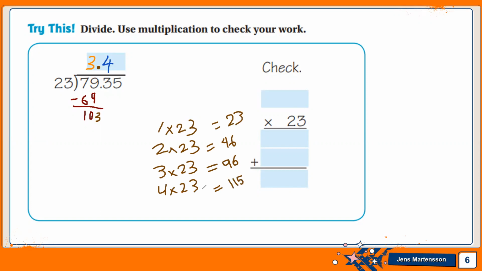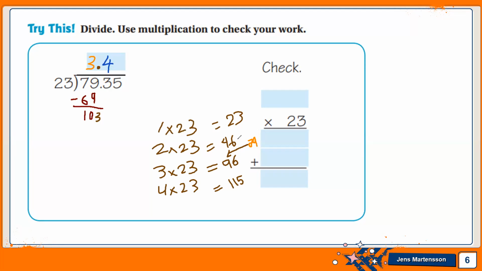Okay, then ask yourself, 79 is between which two numbers? Is it between 23 and 46 or between 46 and 69? Bravo.